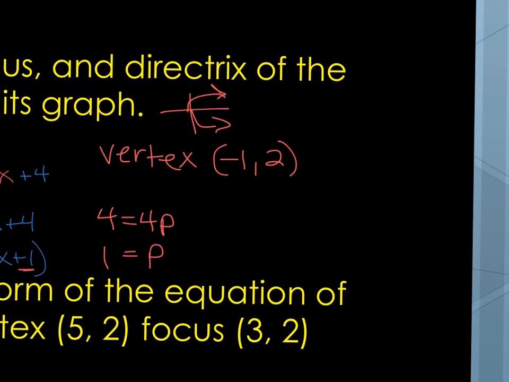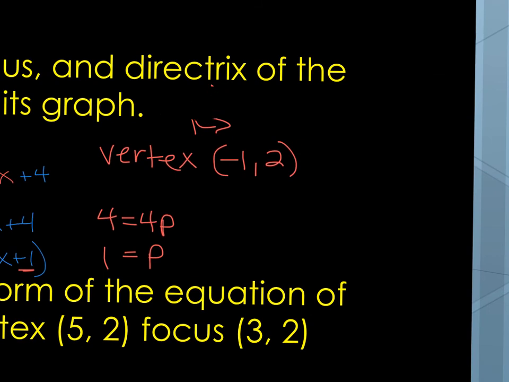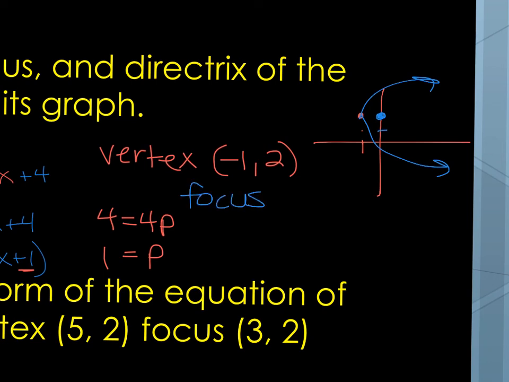That means that if my vertex is at negative 1, 2, and I know this is facing to the right, the focus is 1 unit to the right of it, which puts it at 0, 2.